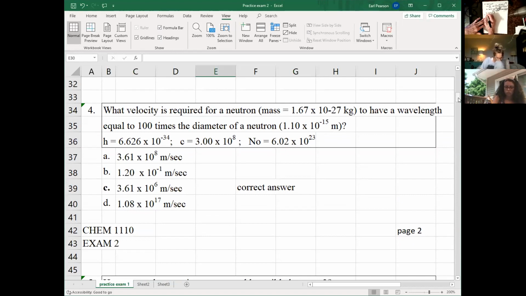Well, now when I'm talking about mass or wavelength of particles, that means a de Broglie relationship for particles. Lambda is equal to h over m times v, the velocity of the particle. So I need to solve for velocity.